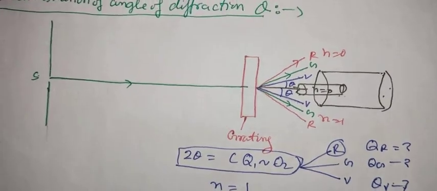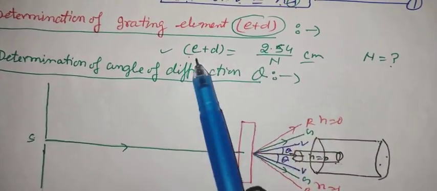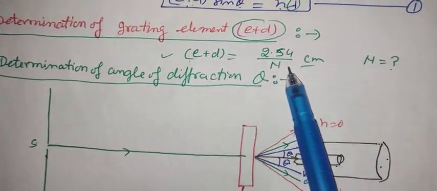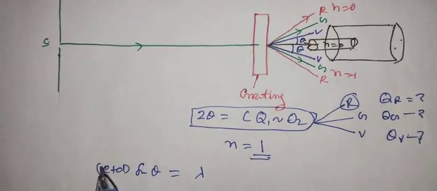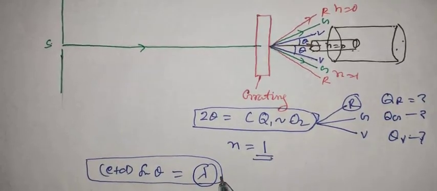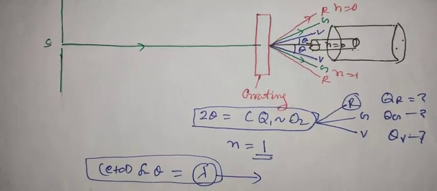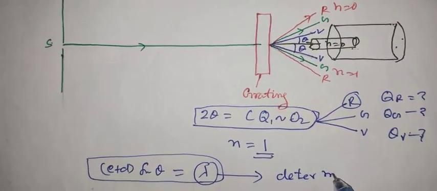Theta is obtained by the experiment, and e plus d is obtained by the formula. So by putting the values into the formula, the wavelength of light can be determined.